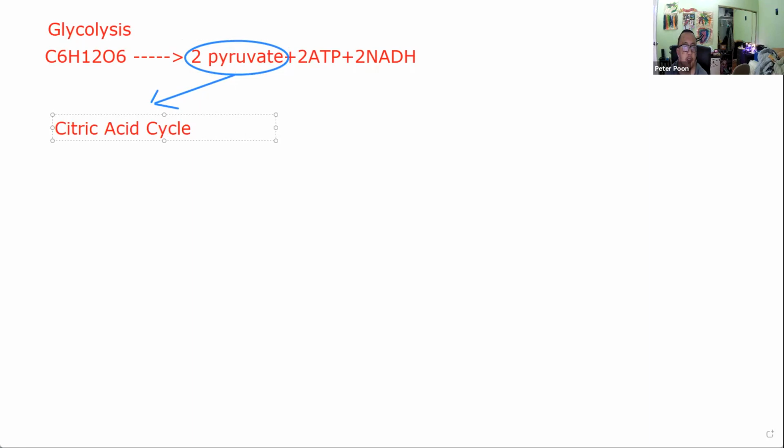I'm going to put this in blue so you can see the individual steps. Pyruvate goes to 2 acetyl-CoA plus 2 CO2.